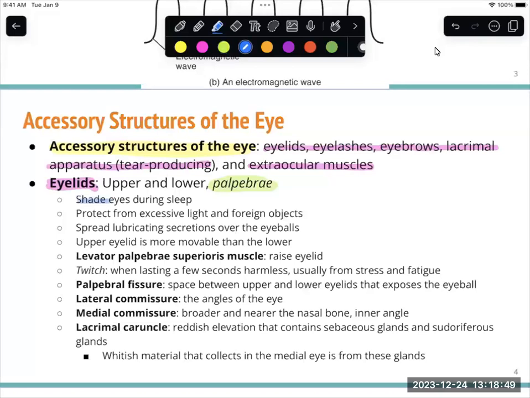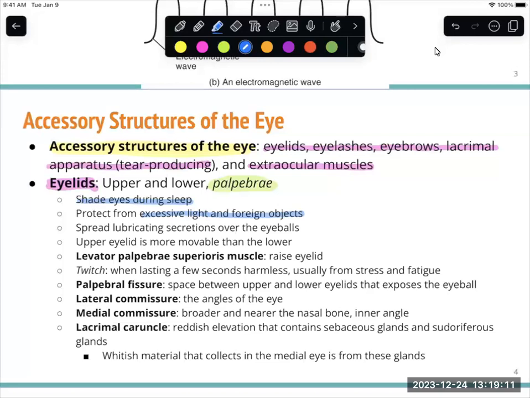They shade your eyes so you can sleep. Darker allows sleep to happen. They also protect from excessive light and foreign objects. If something comes close to your eye, your instinct is to blink or close your eye to protect it.